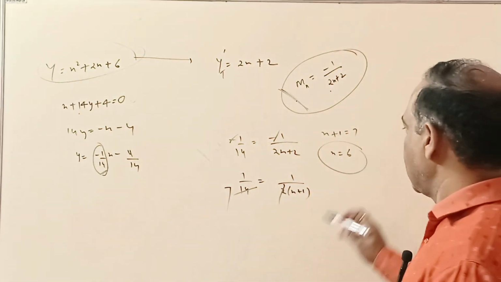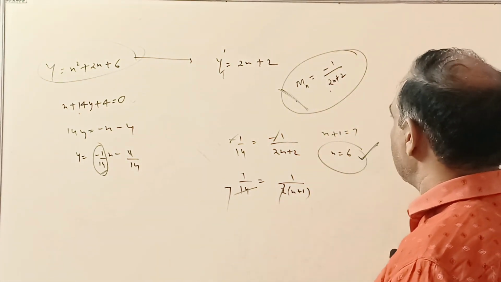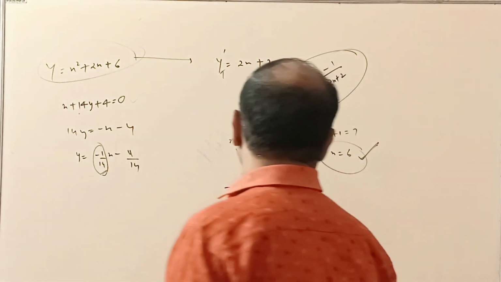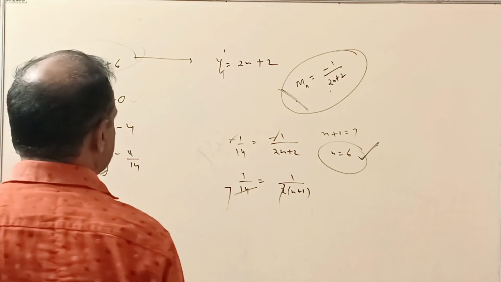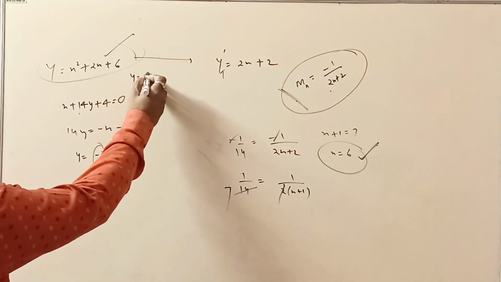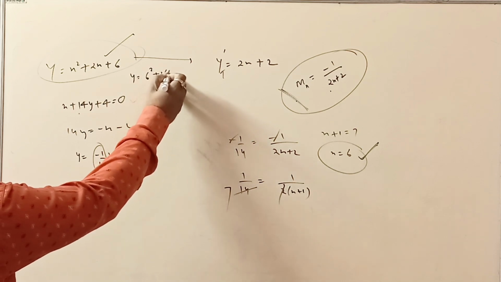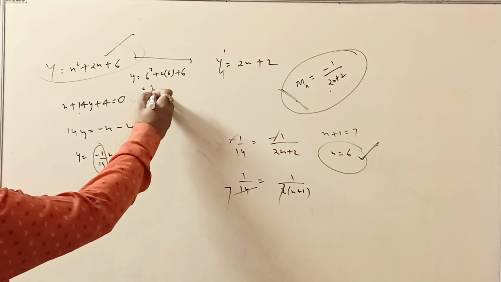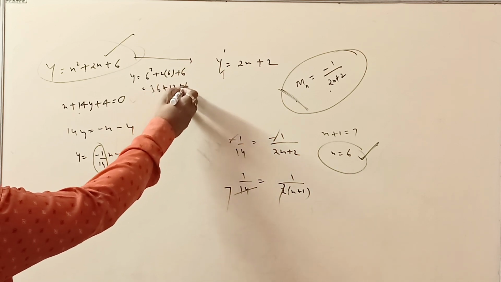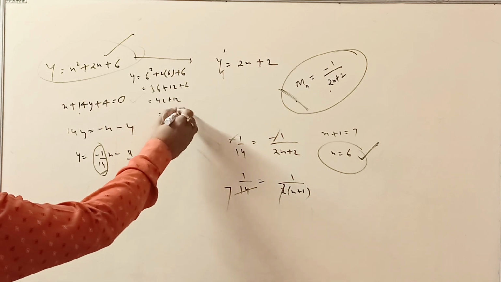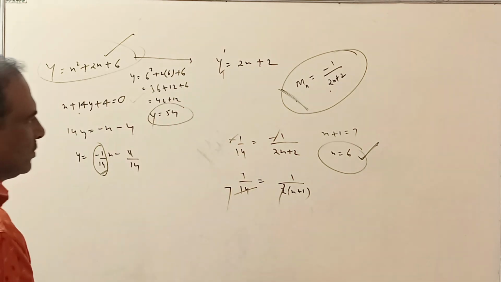Now this x = 6 is one point, and if I put it in this equation I will have y = 6² + 2 times 6 + 6. It will give you 36 + 12 + 6, which is 54. The value of y is 54.